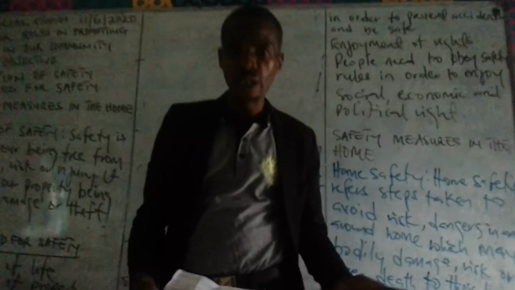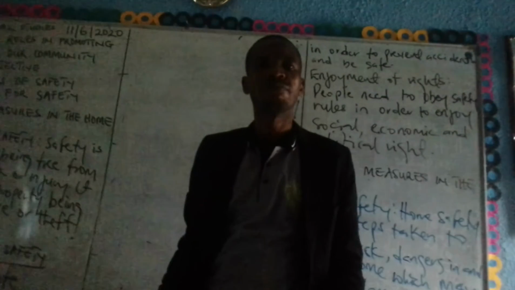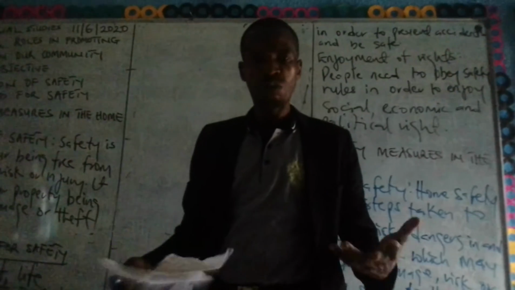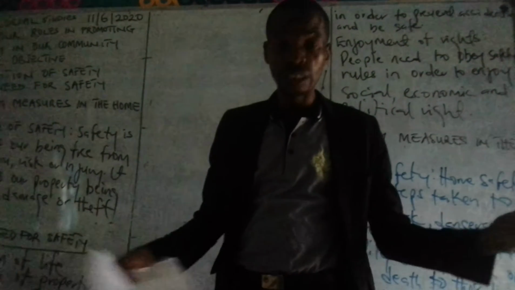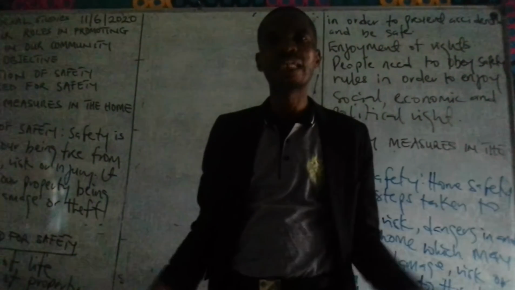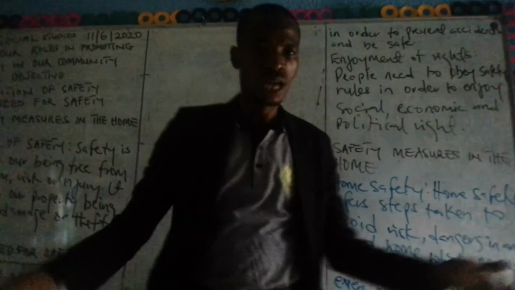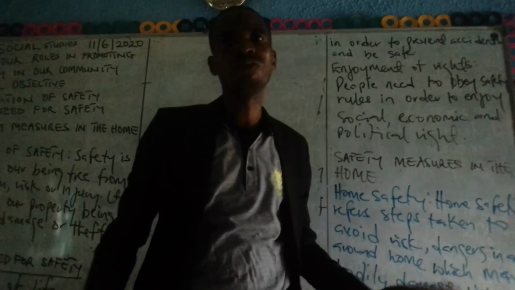Then in the case of burglary, always lock the entrance of the door, especially at night. And anytime you're leaving the house, ensure that the doors are well locked or closed.